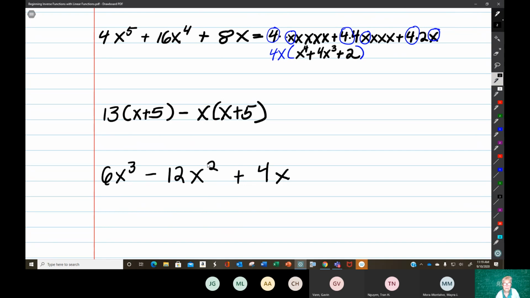Now, sometimes you're going to have terms that look like this. And you're going to be asking yourself, what do these have in common?